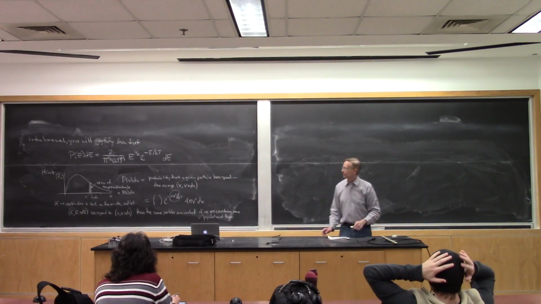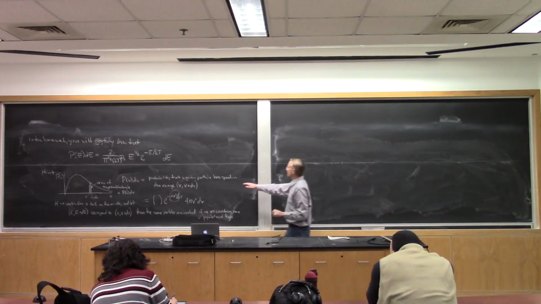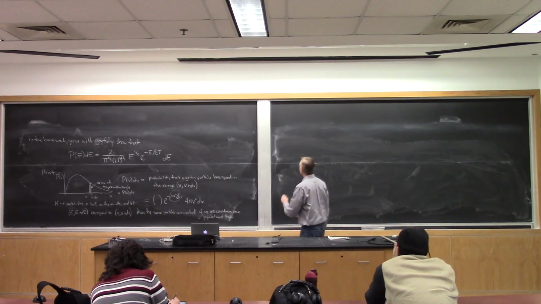Right, so again, P of E dV is the probability that a given particle has some speed in that range.